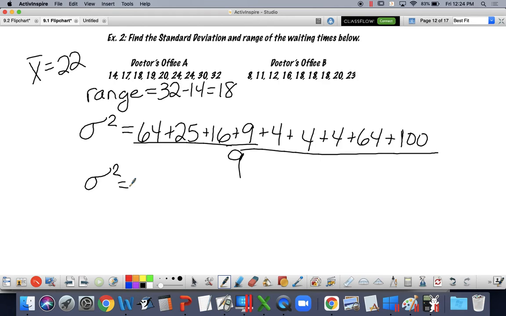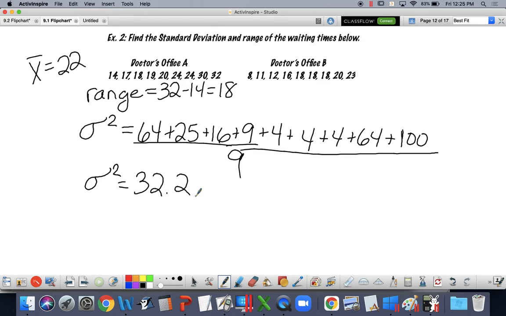We can round to the first decimal. We're going to need at least one decimal. 290 on the top, so 290 divided by 9. 32.2, 32.2 repeating, right?